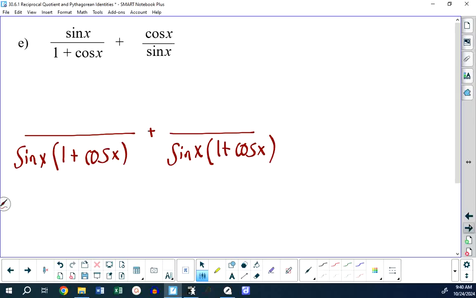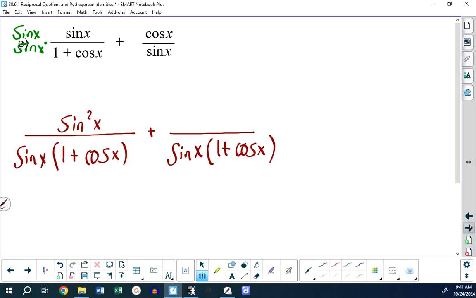So I need to multiply the top and the bottom of this by sine of x. Whether you choose to put that up there or not is up to you. But when I multiply the top and the bottom by sine of x, what I get is sine squared of x.